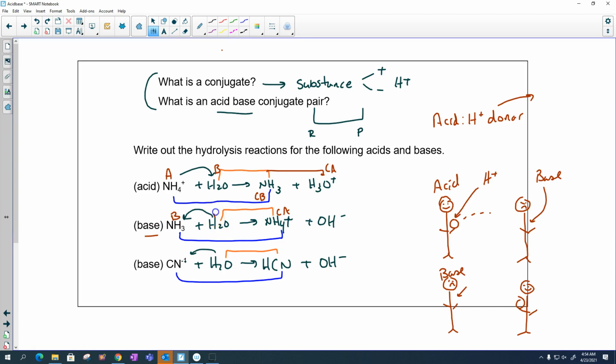This is my acid because it's donating. This is my conjugate base. This is my base. This is my conjugate acid. This is my acid. This is my conjugate base. Now, a lot of that is theoretical, and we'll see a little more how it's used, but that's the basic idea.